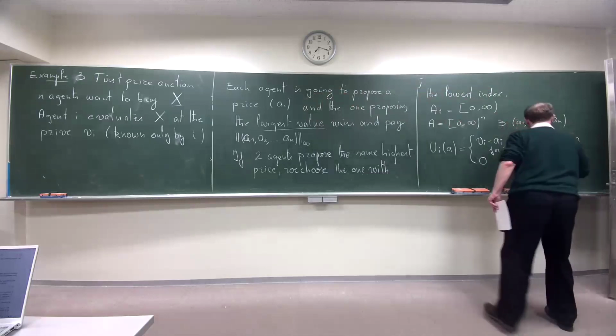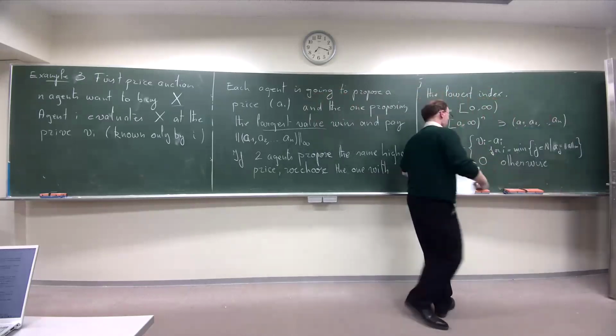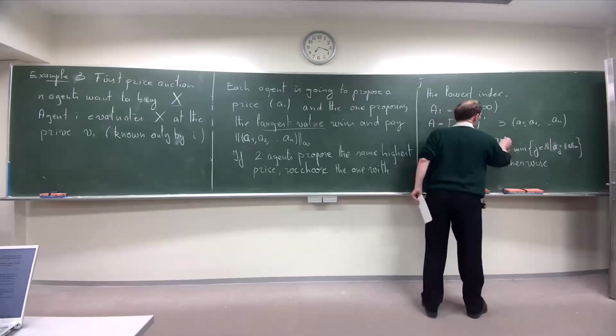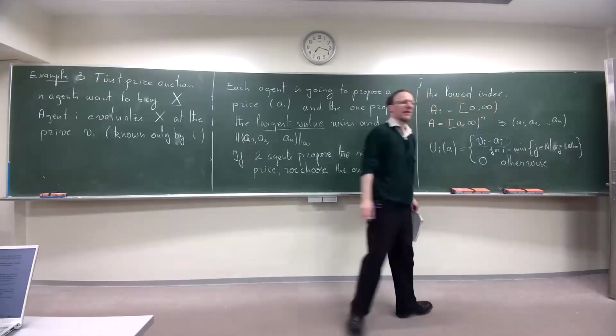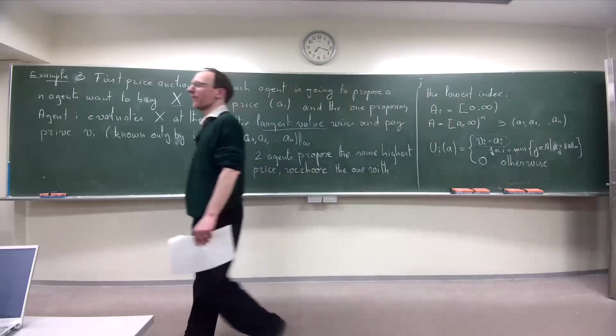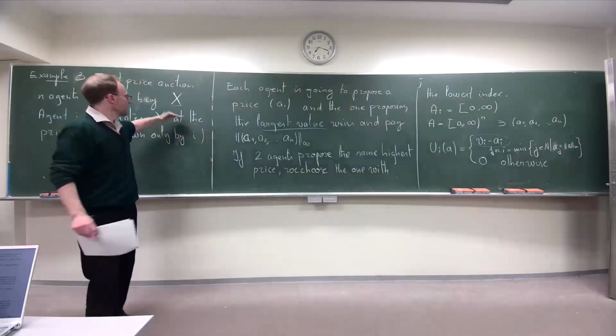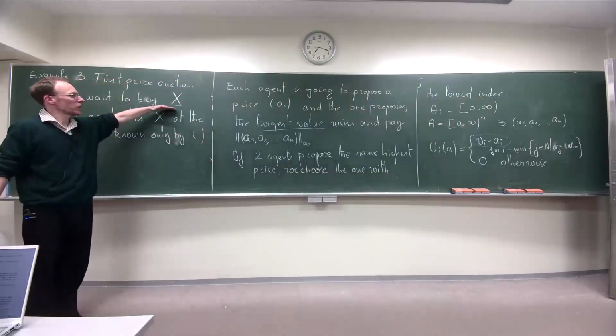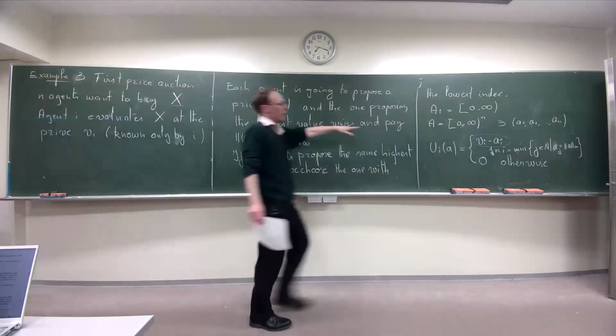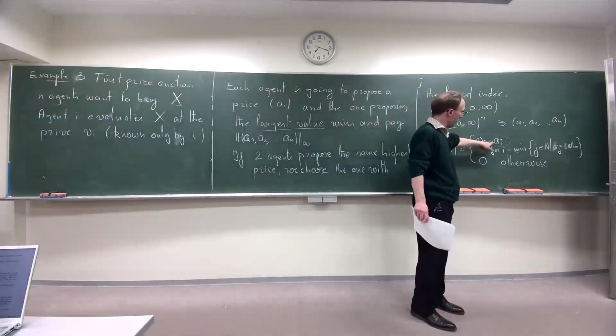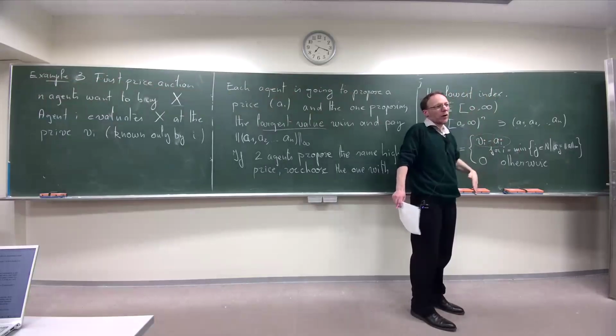And here you can see something. This number can be either positive or negative. And it makes a difference because if you think that the object is worth a certain value, Vi, you can propose either a higher or lower one.